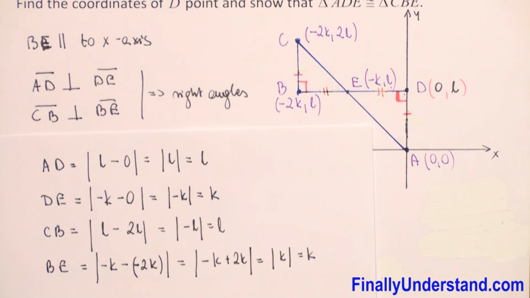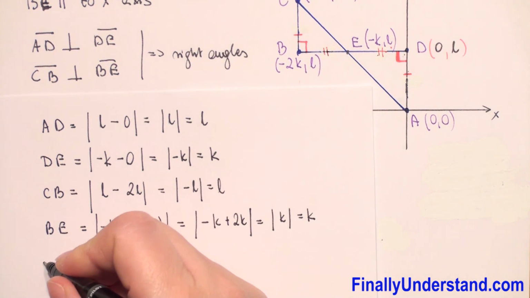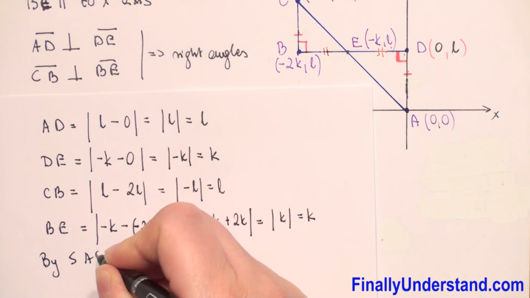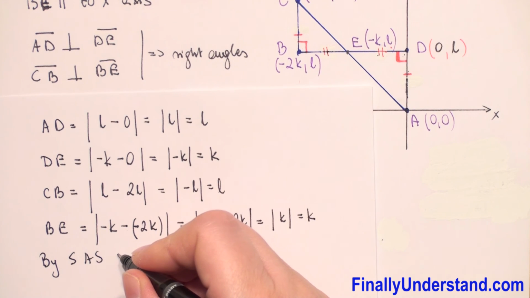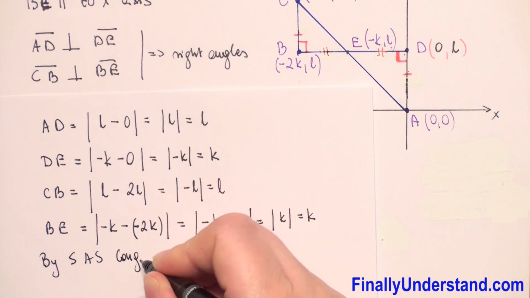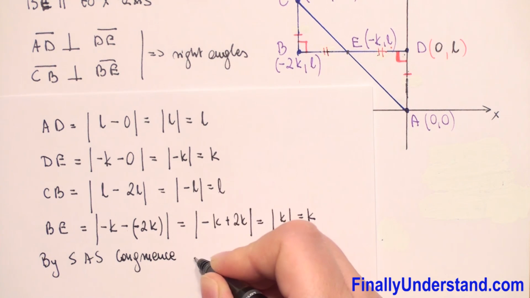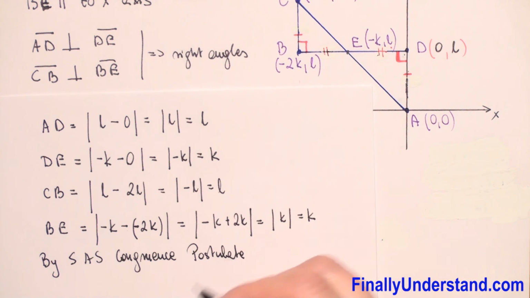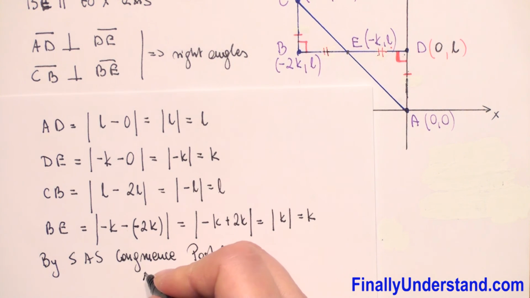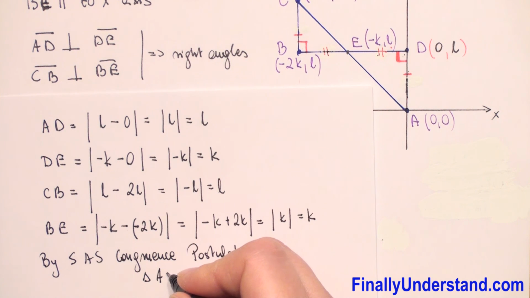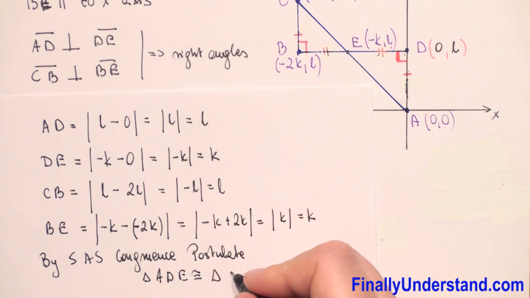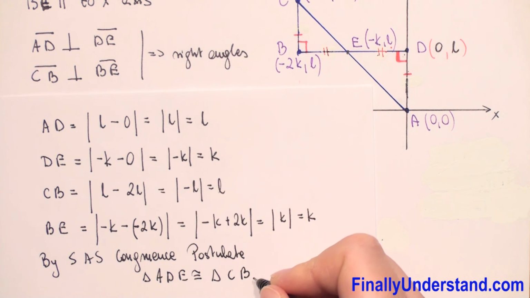So by the side, angle, side congruence postulate, triangle ADE is congruent to triangle CBE. This is my solution.